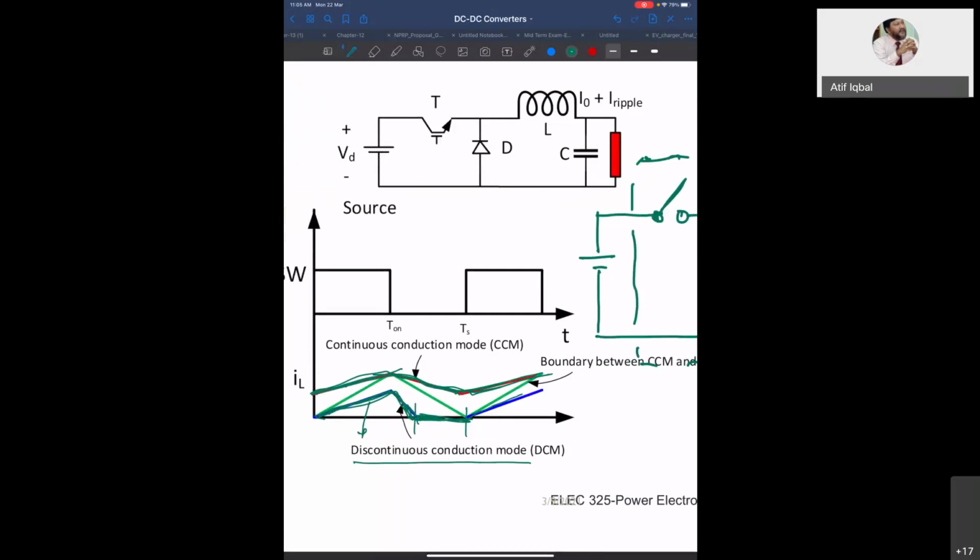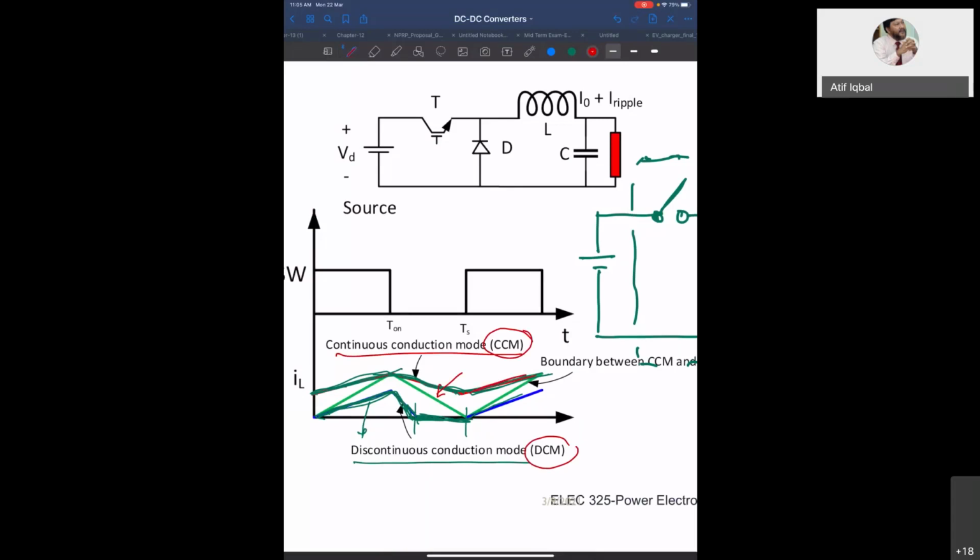Now, if you look at the graph which is in between the continuous conduction and the discontinuous conduction, this is called the boundary condition. Continuous conduction mode is called CCM, and discontinuous conduction mode we call DCM.